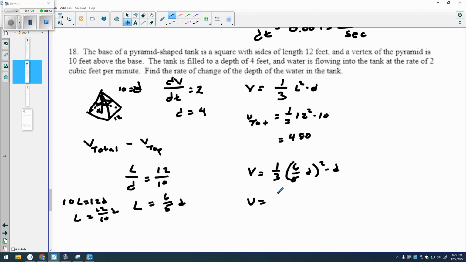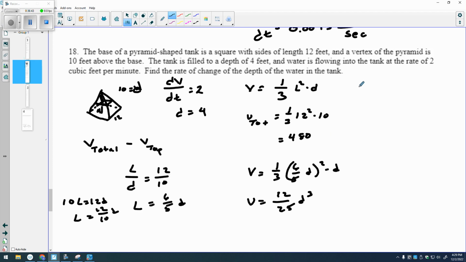So we get 36 divided by 3, so 12 over 25 D cubed. 36 divided by 3 is 12. 5 squared is 25. Okay, so there's the volume of my top piece.